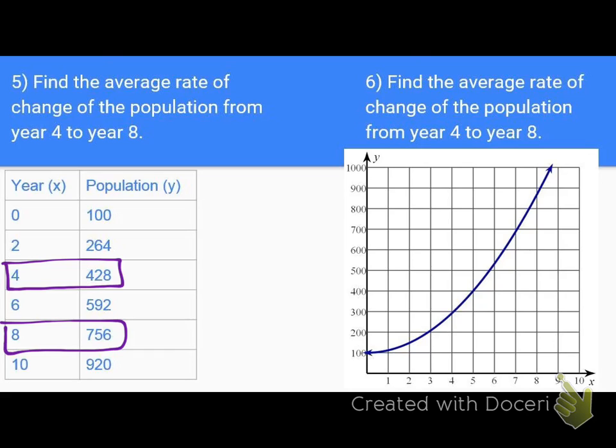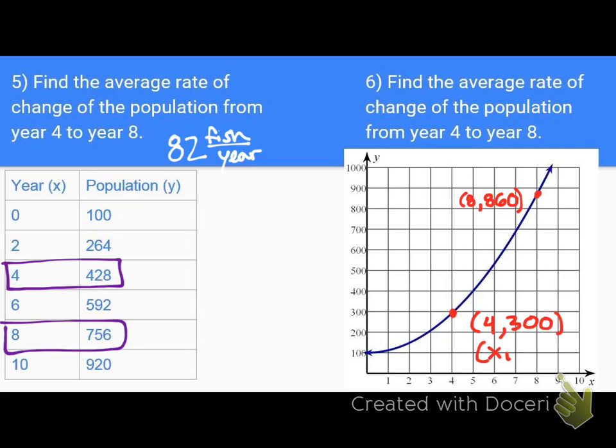And if I use the formula and reduce, I get 82 fish per year again, actually. Now over in number 6, if I look at 4 and 8, the y coordinate at 4 is 300. Up here at 8, I'm kind of in between 800 and 900, so we decided to call that about 860.